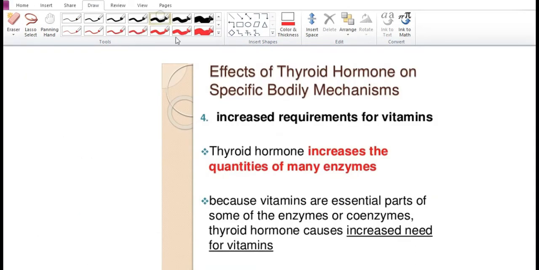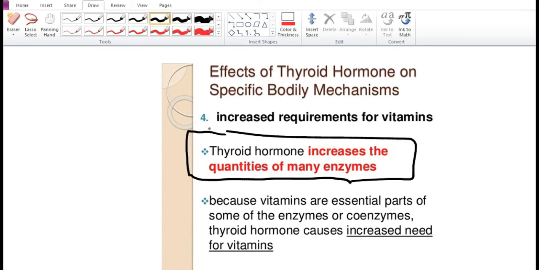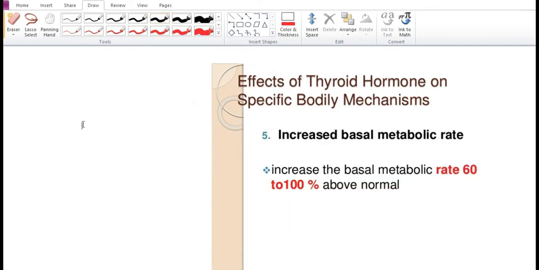Action on the vitamins. Thyroid hormone increases the formation of many enzymes. It increases the requirement for the vitamins. So vitamin deficiency is possible during the hypersecretion of thyroxine. Action on the body mechanism. The thyroid hormone increases the heat production.